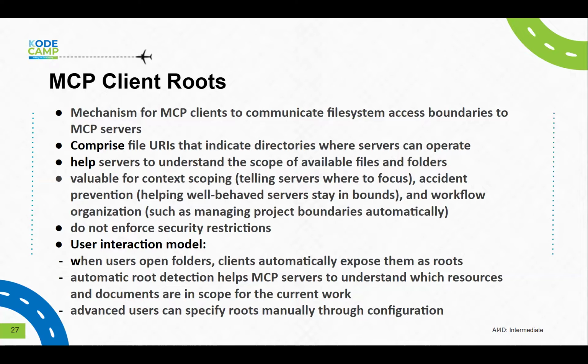So what they essentially consist of are file URIs, and they help servers to understand the scope of available files and folders that can be accessed in addressing the user's request.